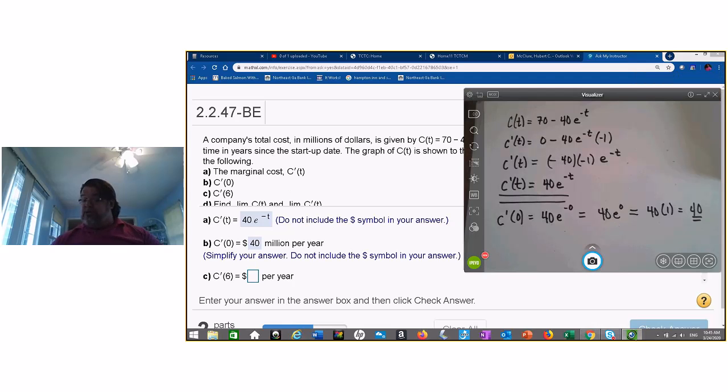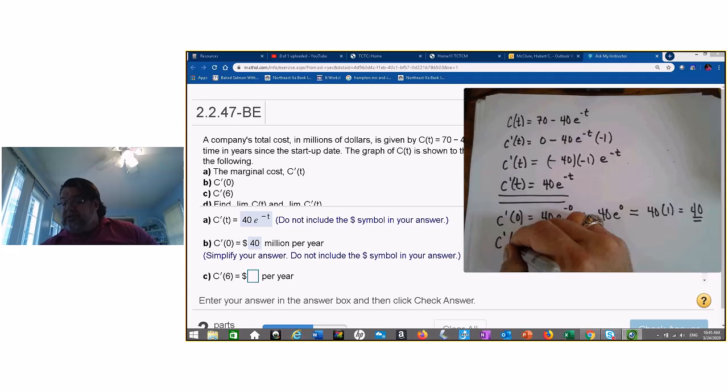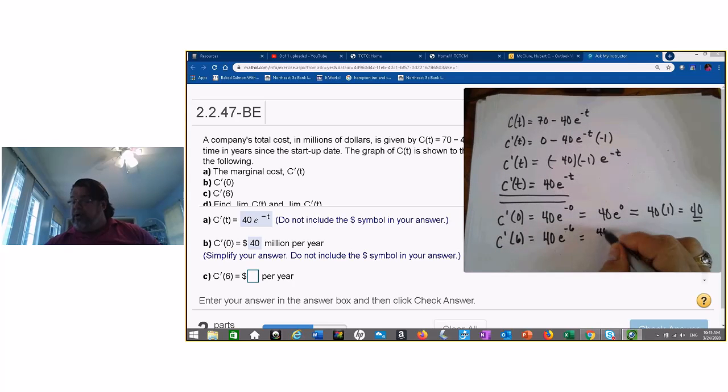So now we're going to do C prime of 6, which is equal to 40e to the negative 6, which is equal to 40 over e to the 6th. I need y'all to tell me what 40 over e to the 6th is.